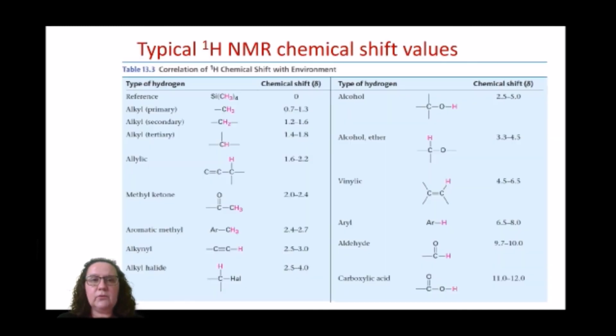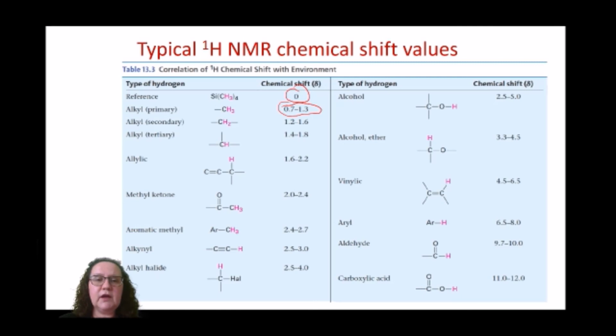This is a table of some typical chemical shifts for proton NMR. So we've got here at 0, by definition, the reference, tetramethylsilane, and then we have where hydrogens belonging to different groups appear. For example, this is an alkyl group, hydrogens in a structure that only has single bonds, and 3 hydrogens.